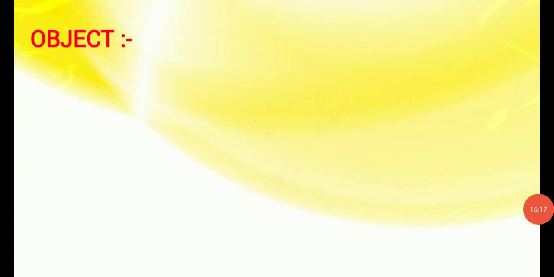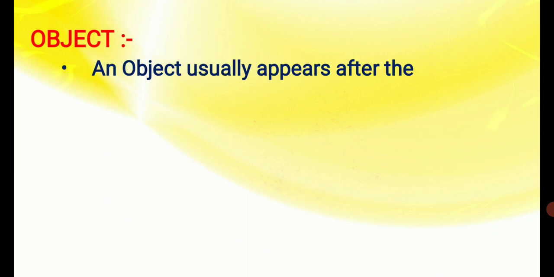And now we are moving on to the object. What is the object of the sentence? Let's see. An object usually appears after the verb. It means that after the verb, whatever the part of the sentence, it is called the object, right?